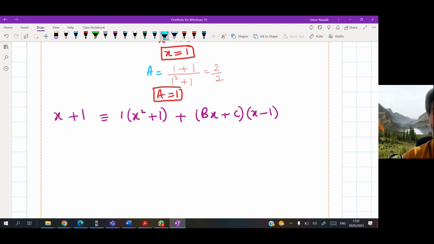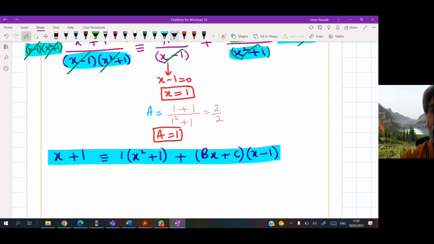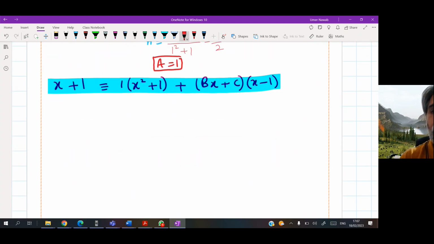After writing the horizontal form, which value of x has already been consumed? x equal to 1 is consumed. Can I plug in x is equal to 0 here?